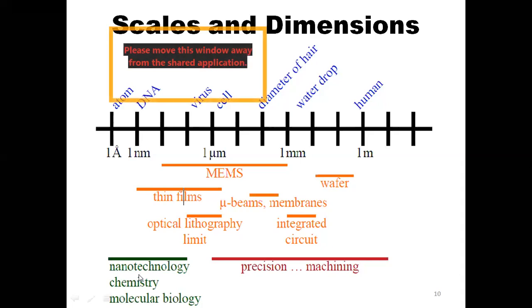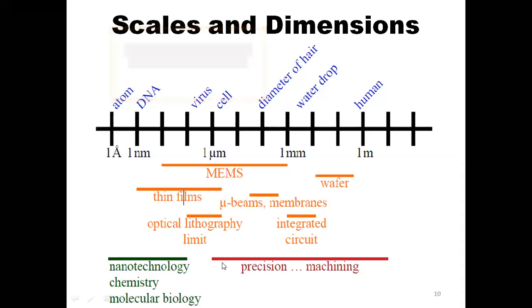The nanotechnology, chemistry, and molecular biology people are working in a very small domain. They are working on the molecular or atomic scales. So their dimensional scale ranges from a few angstrom to 500 or 600 nanometer.